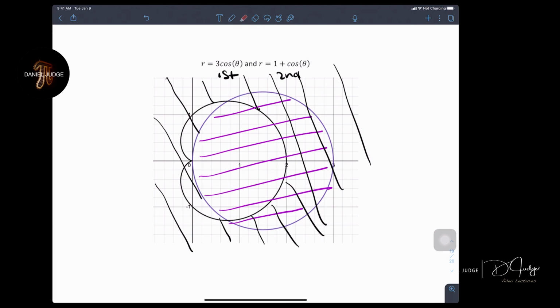So what you can see now looks like this. Area inside the first curve, but outside the second curve. So let's try to erase everything now.